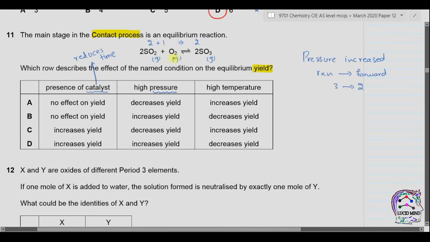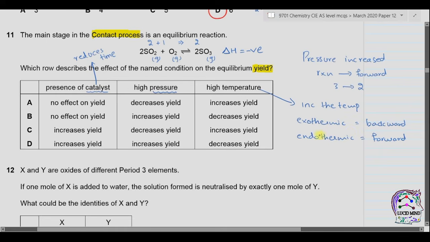Now in the contact process, this chemical reaction is exothermic because the enthalpy change is negative. So temperature, you have to remember this point: whenever we increase the temperature for an exothermic reaction, the reaction goes backward, while for an endothermic reaction, the reaction goes forward.